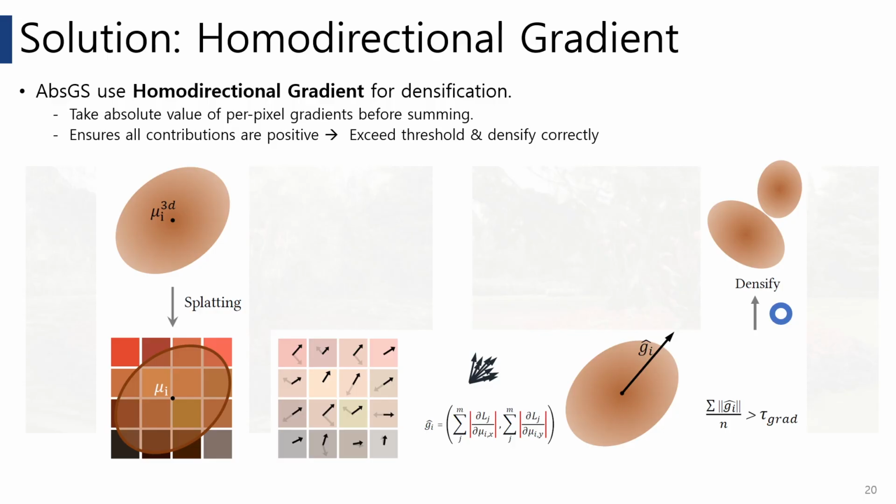This ensures that even if the original per-pixel gradients had conflicting directions, their magnitudes now add up constructively. The resulting homodirectional gradient now has a significantly larger magnitude. This larger magnitude can now correctly exceed the densification threshold, allowing the over-reconstructed Gaussian to be properly split.